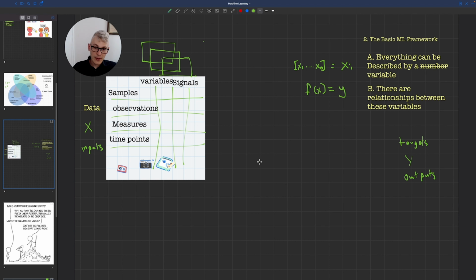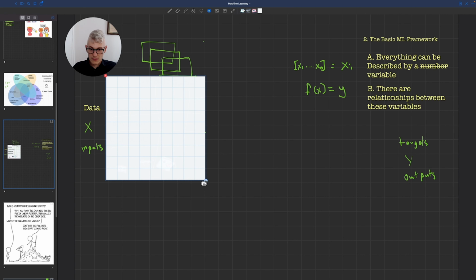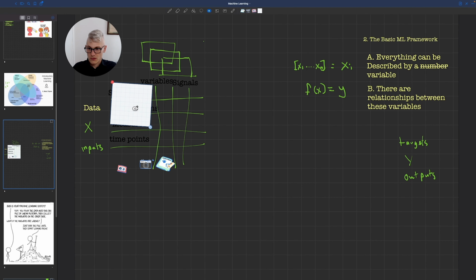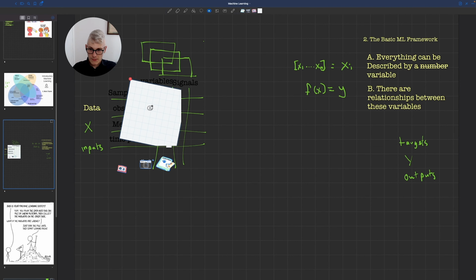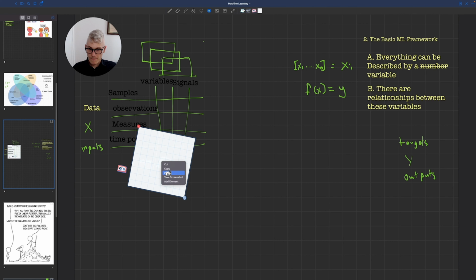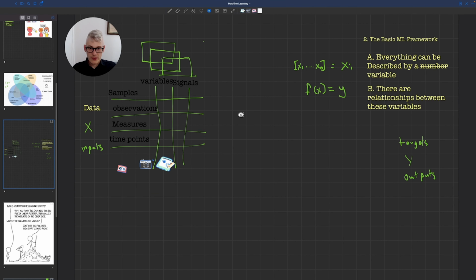So I want to talk a little bit about what's in the middle. In the middle here, we then have a model.